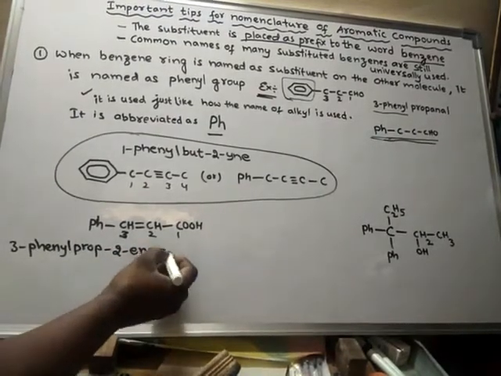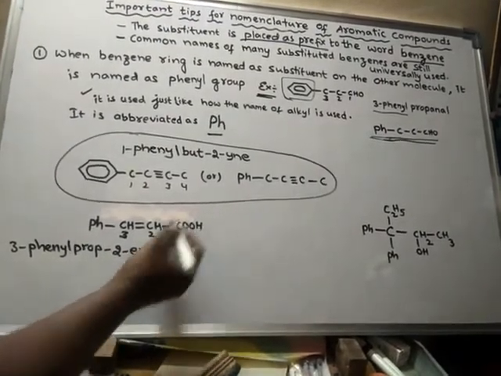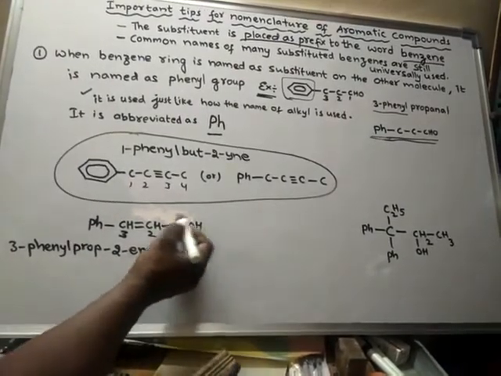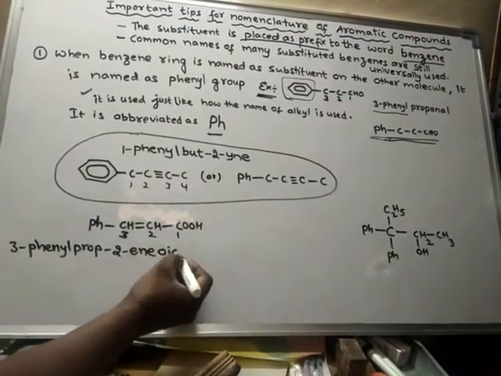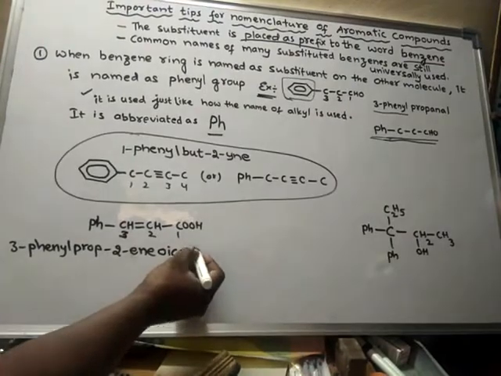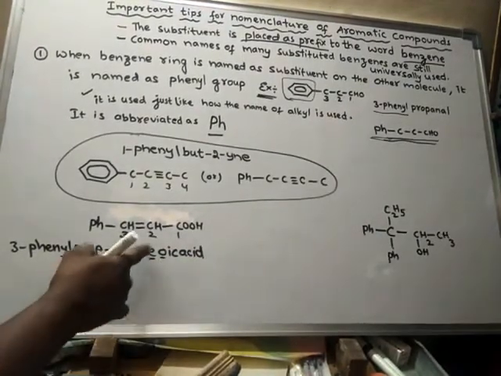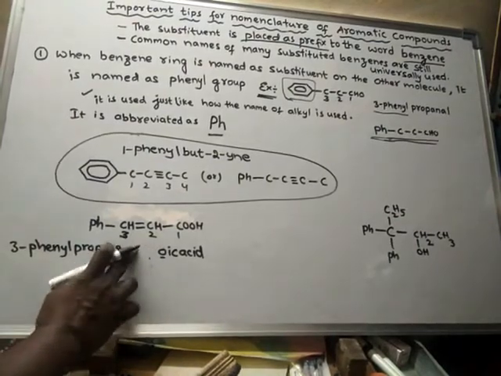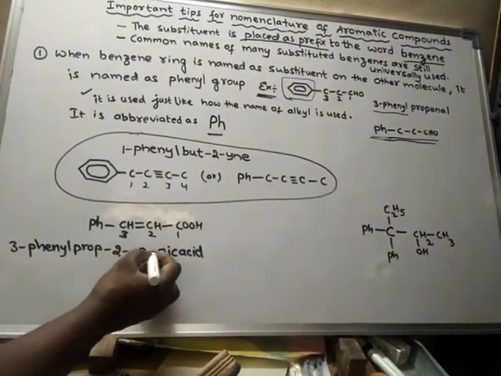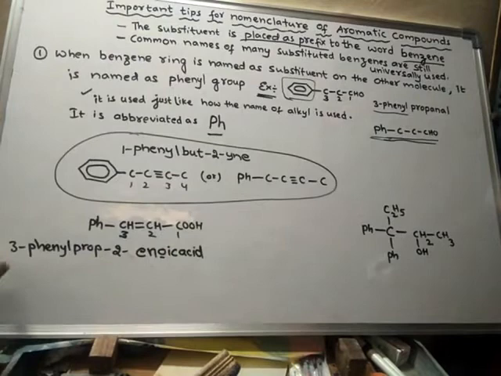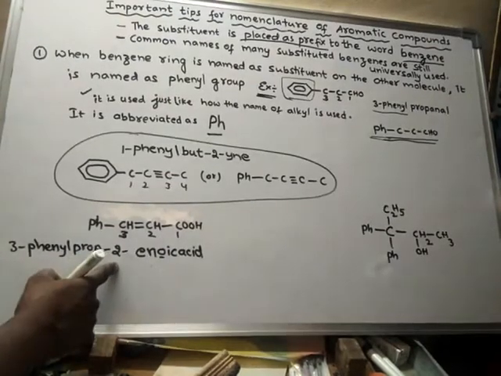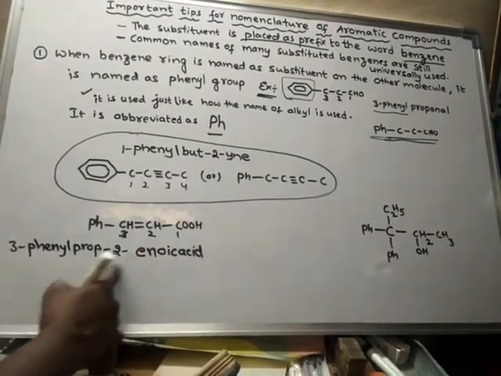And it is oic acid, because the carboxylic acid functional group is oic acid. But here after E, O is coming, so remove this E. Now rewrite the name like this, enoic acid. So 3-phenylprop-2-enoic acid.